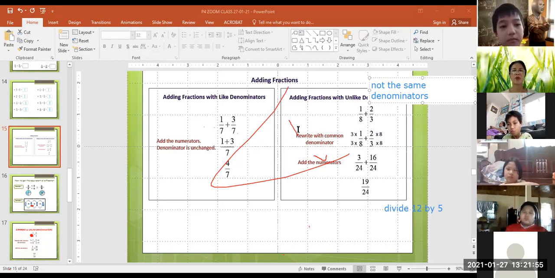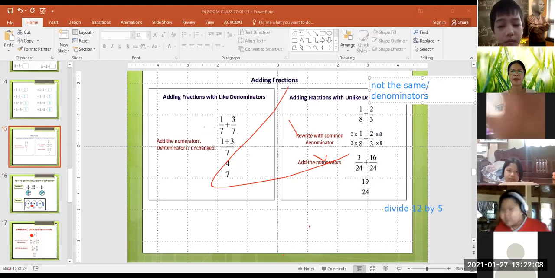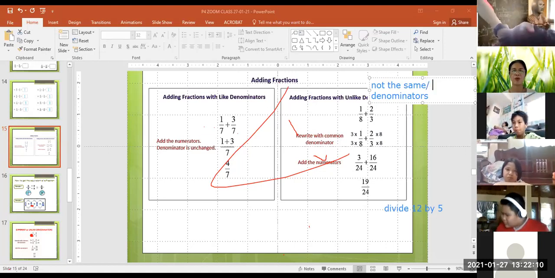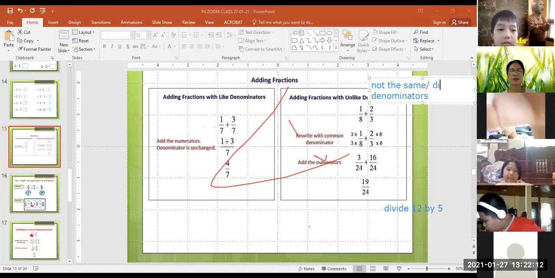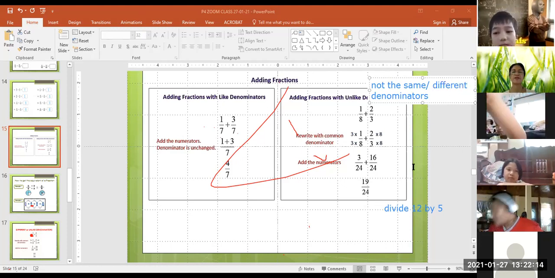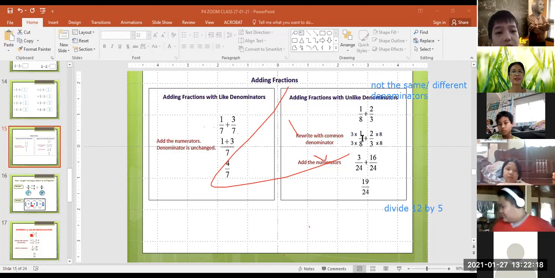Okay, so what we are going to do first is that if we have unlike or different denominators, not the same, we get the equivalent fraction.